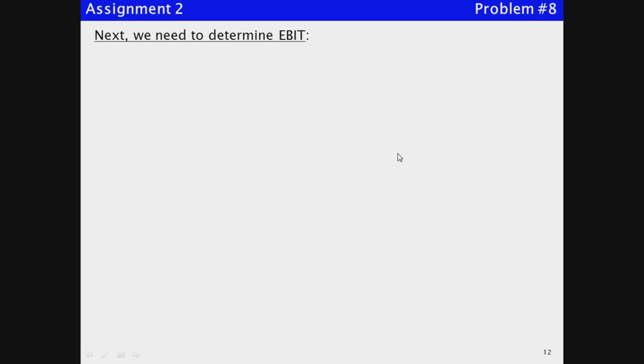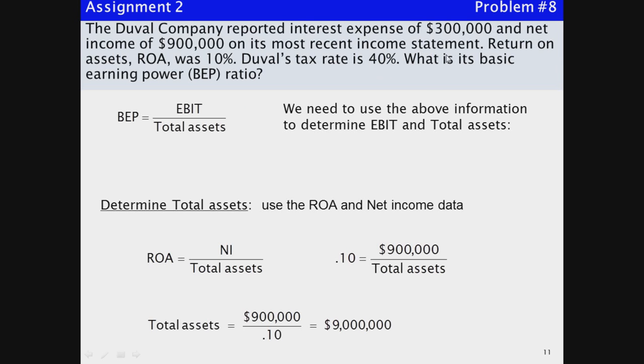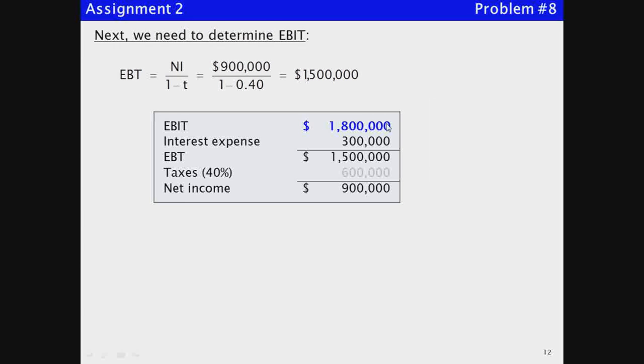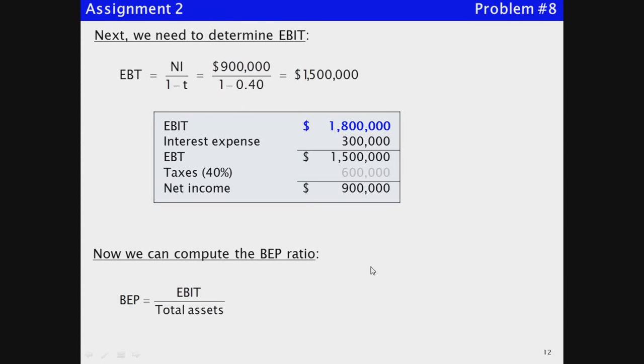That was simply given in the story problem, $300,000 interest expense. So that means EBIT is $1.8 million. So now we can compute the BEP, basic earning power ratio, by taking the EBIT that we just computed of $1.8 million and divide by the $9 million in total assets, and the BEP ratio is 20%.